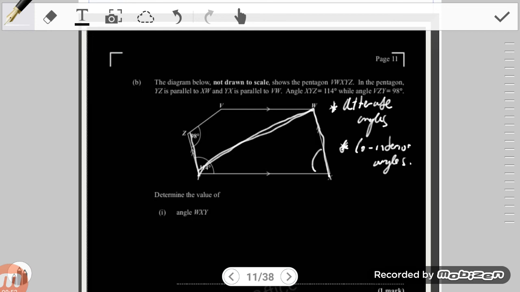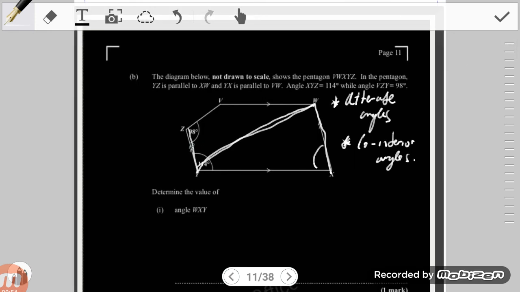But that's not going to help me, because all that is telling me is that this angle here is equal to this angle here. So I guess that won't work. Let's look at another option. Let's look at the other Z angle here.